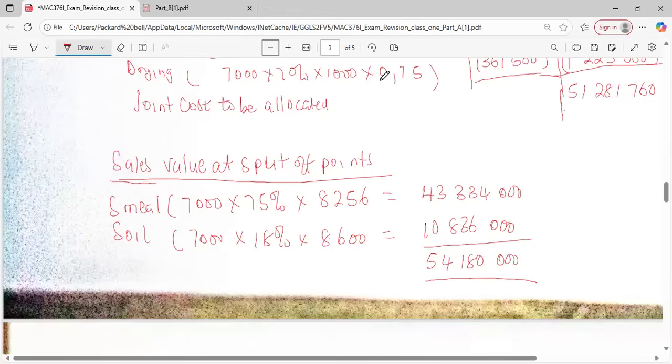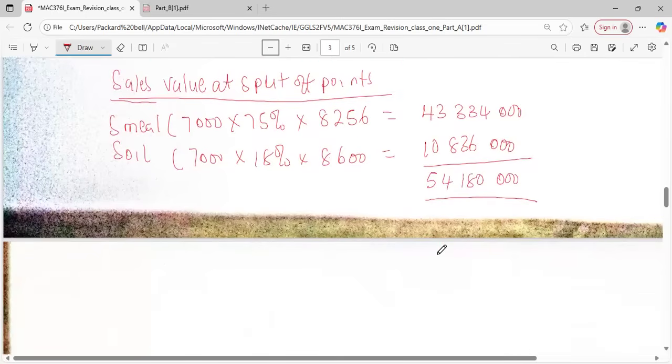Anyone who calculates them, just correct me so that we don't go with wrong answers. Yes, it's 54,170,000. So these are the joint costs. This is the sales value at split off point.